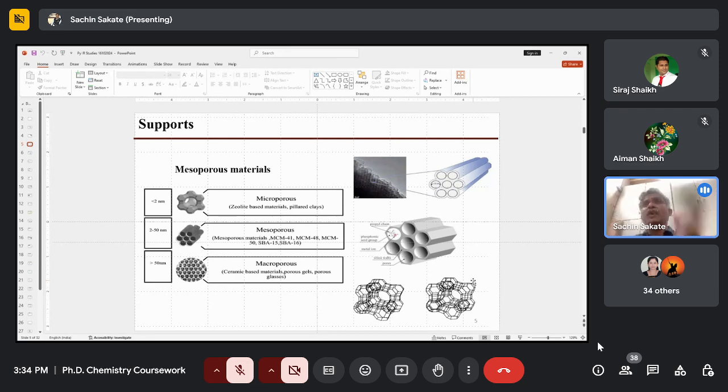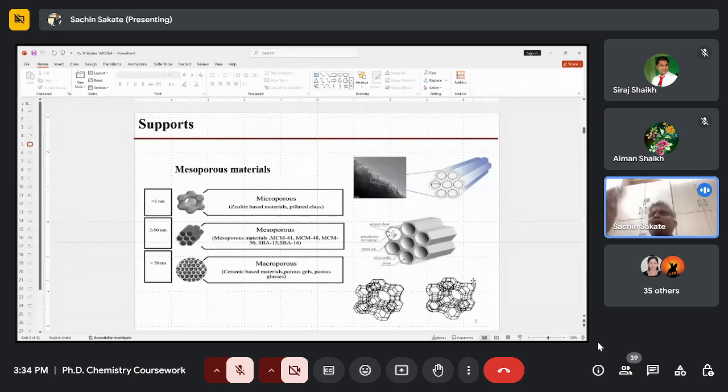Once you have the material, you can tune its porosity by different variations, by doing solvothermal synthesis, hydrothermal synthesis, gel formation, and fantastic methods are also available for this synthesis. One of the best points I would like to emphasize here is that many researchers at college level wonder whether they can prepare these materials in the lab.